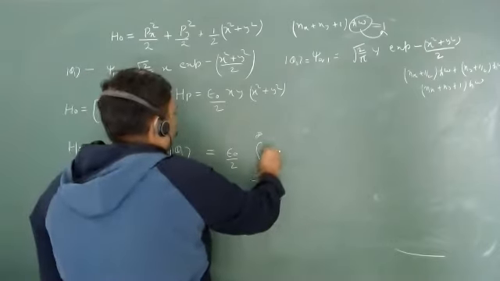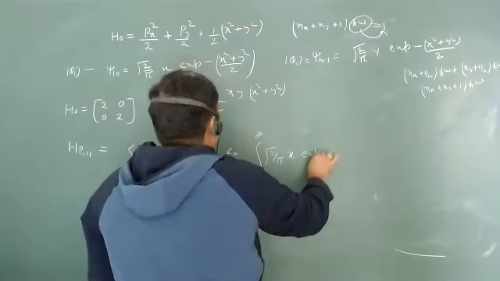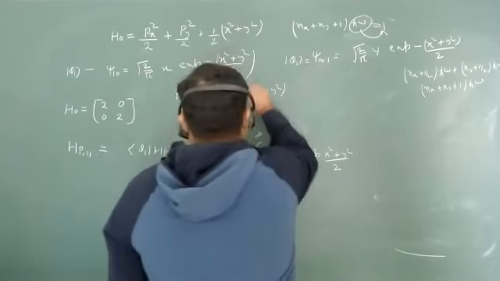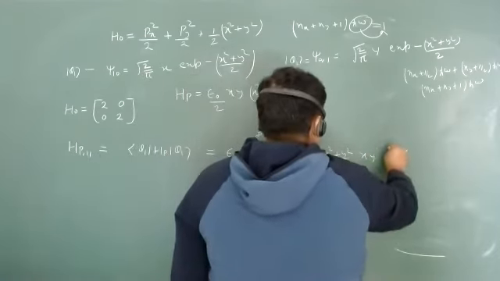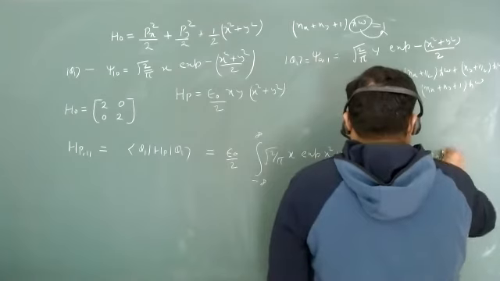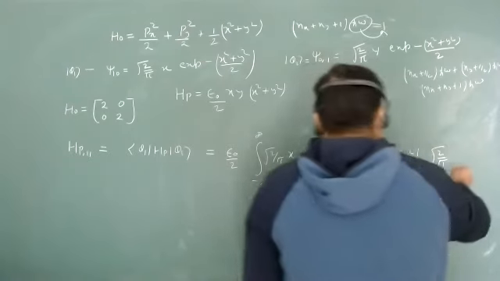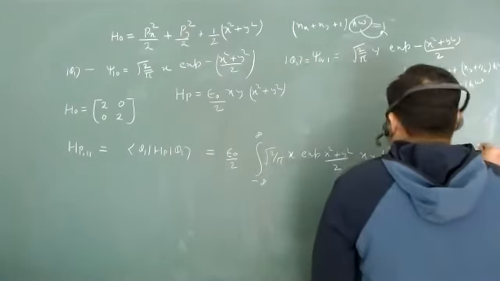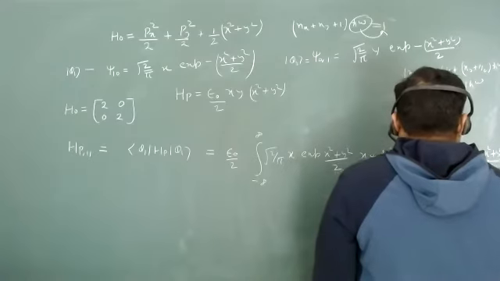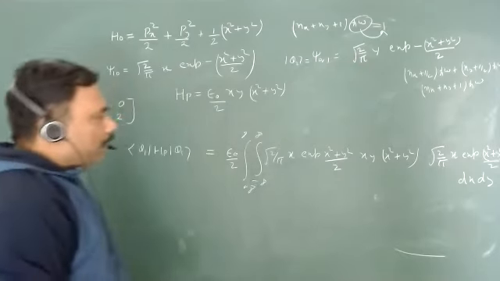This value is root 2 upon pi x exponential of minus x square plus y square by 2, and then this number will come, xy times x square plus y square, and then you have exponential again, this value 2 upon pi x exponential minus x square plus y square upon 2 dx dy, and we have to go for a double integral from minus infinity to plus infinity, isn't it?